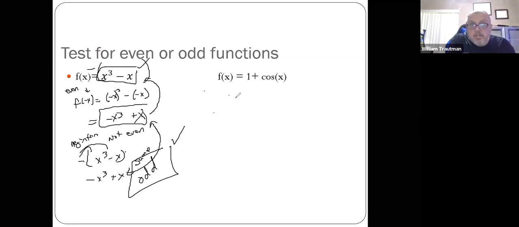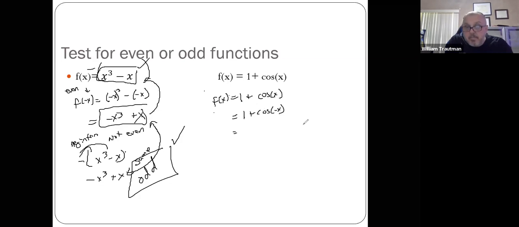Over here, 1 plus the cosine of x. If I put a negative in there, actually, there you go.